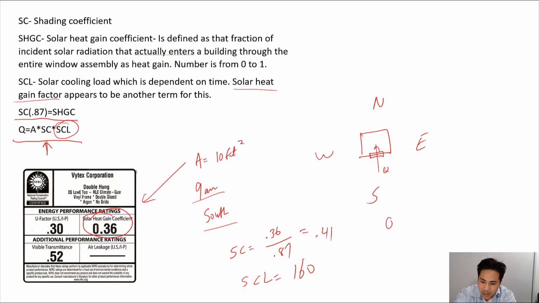Now we're going to plug all this in. Q is equal to area, which in this case is 10 square feet, the shading coefficient, which is 0.41, and the solar heat gain factor, which in this case is 160. The units for the solar heat gain factor would be BTUH over square feet.